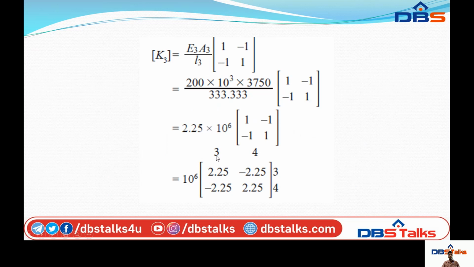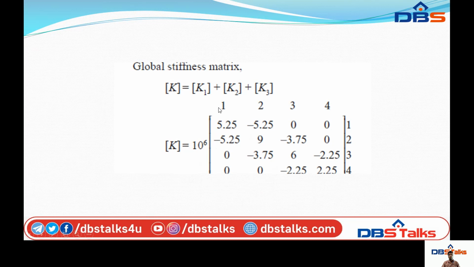Similarly, for identification, I am writing the nodes for every element: 3 4 and 3 4, 1 2 and 1 2, 2 3 and 2 3. Based on these notations, I am taking a 4 by 4 matrix here, taking 10 power 6 as common. On the top side and right side, I am writing the nodes 1 2 3 4.